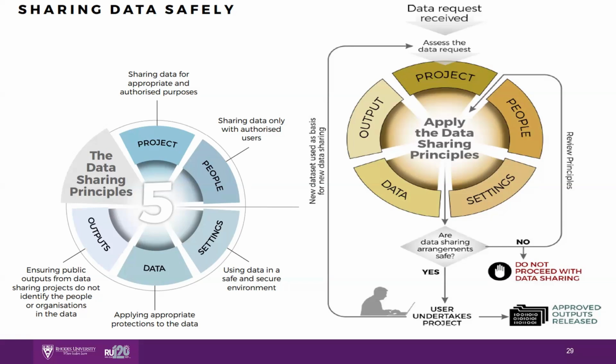Second, look at the settings. You want to use the data in a safe and secure environment. This has to do with the technology that you utilize for data sharing purposes. I showed you several examples of systems that can be used to share data, but may not necessarily be fit for purpose. You want to use the most suitable options for sharing your research data, rather than systems that should not be used at all.